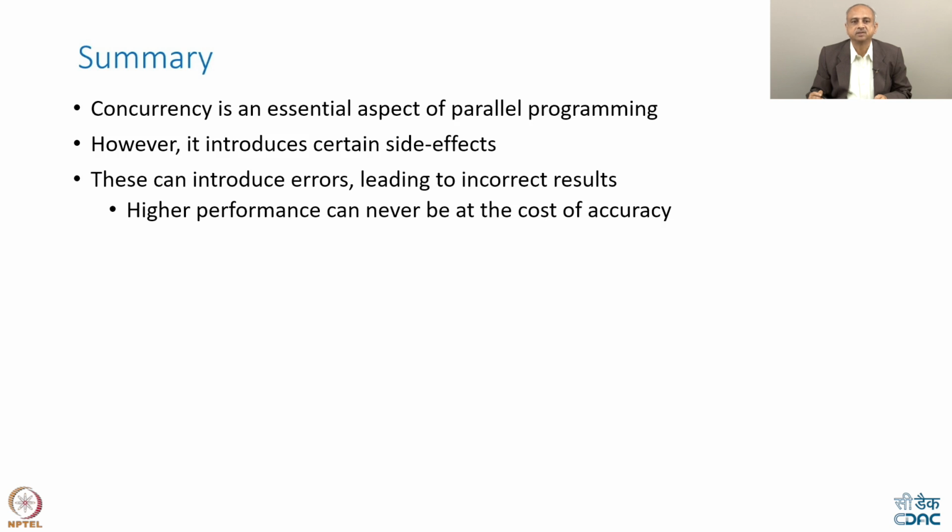However, the golden rule is that in quest for reaching higher performance, we can never sacrifice accuracy. In order to make sure that accuracy is maintained, the side effects have to be mitigated at every step.